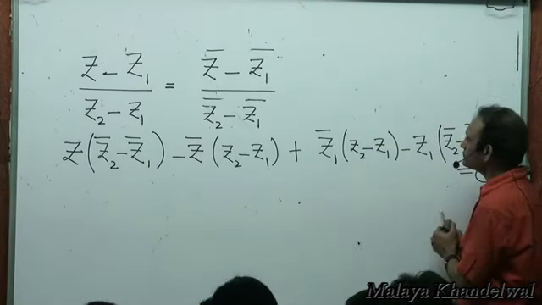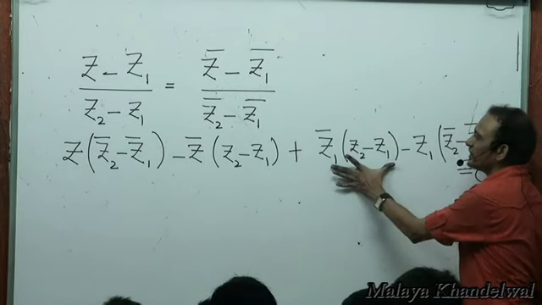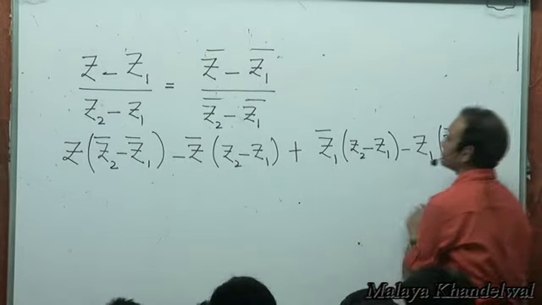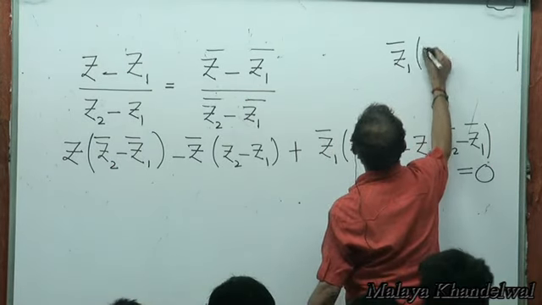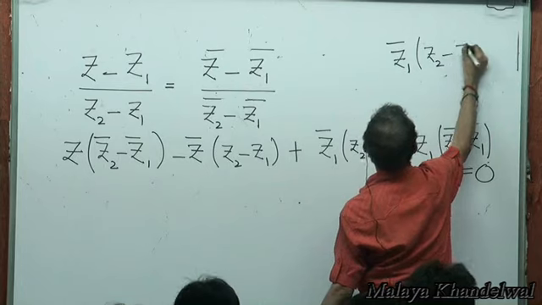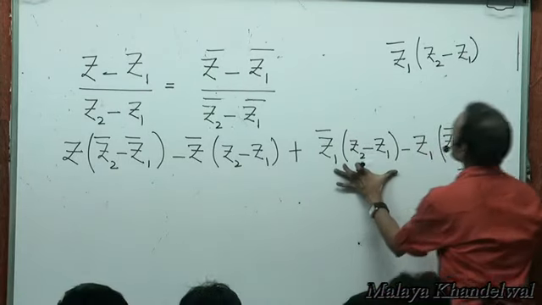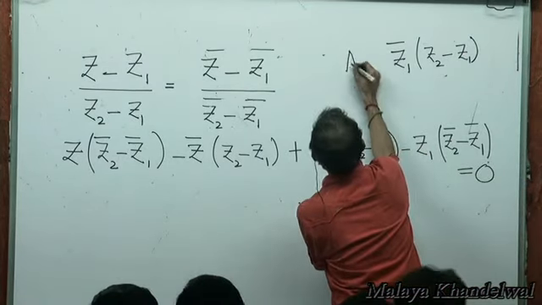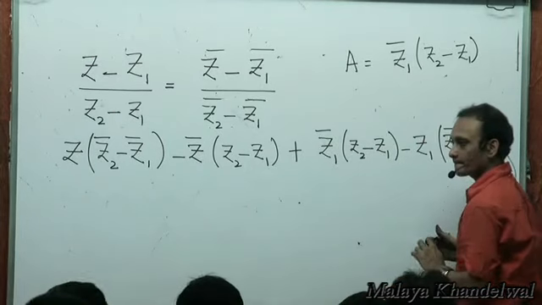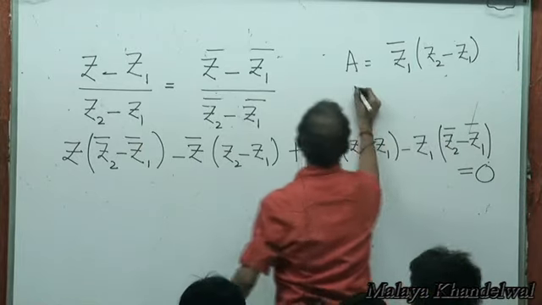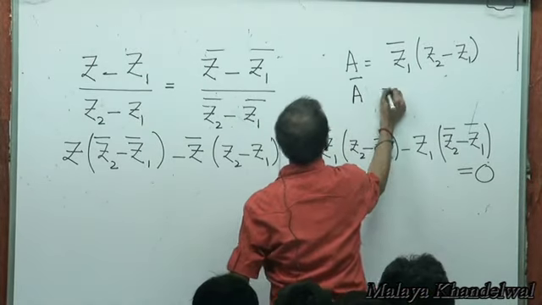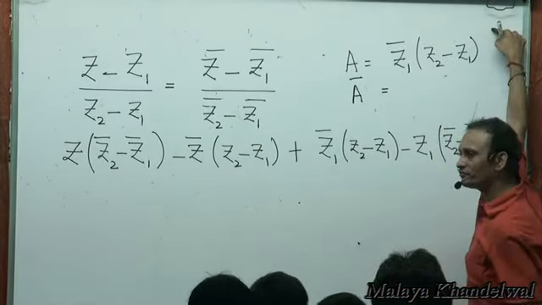Hey, if I took the conjugate of this number, z1 bar (z2 minus z1), this is this number A, say capital A. Now if I took the bar of A, A bar, then that's going to be the bar of the whole thing.